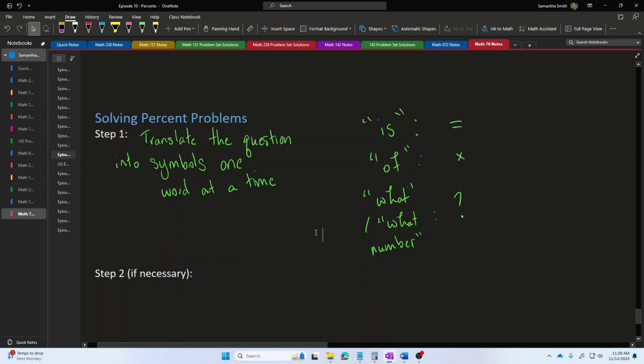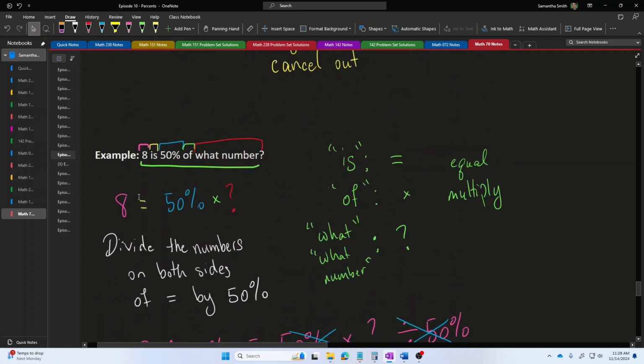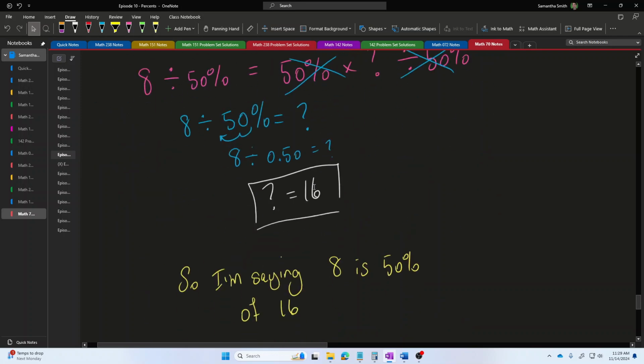But in some other questions, your question mark may end up being multiplied by a value like 50%. And if your question mark is multiplied by a value like 50%, then you need to divide both quantities on both sides of the equal sign by that number to get rid of the multiplied number next to your question mark.